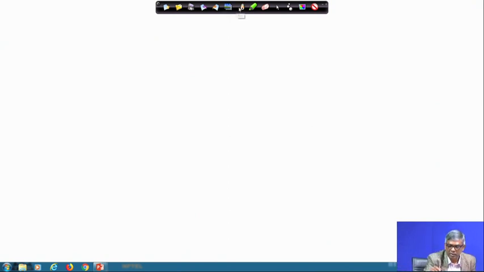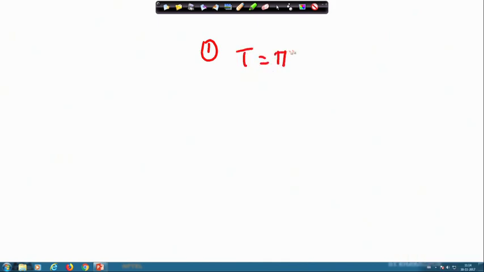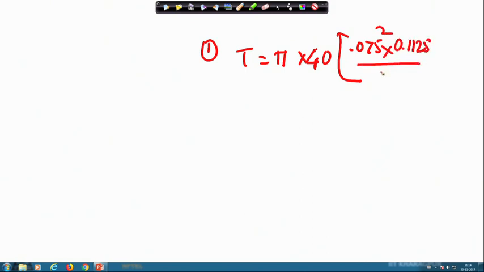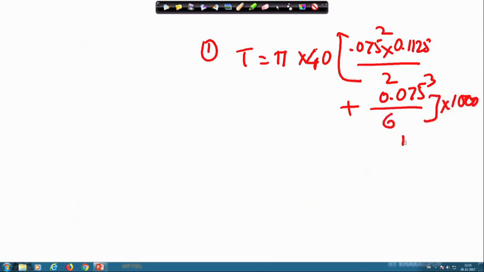If I do this problem, it will be a very simple problem, just an application of the expressions. For the first expression, T will be equal to pi into Cu, actually 40, into 0.075 square into 0.1125 divided by 2 plus 0.075 cube divided by 6, into 1000 Newton meter. It gives you the value 48.39 Newton meter.